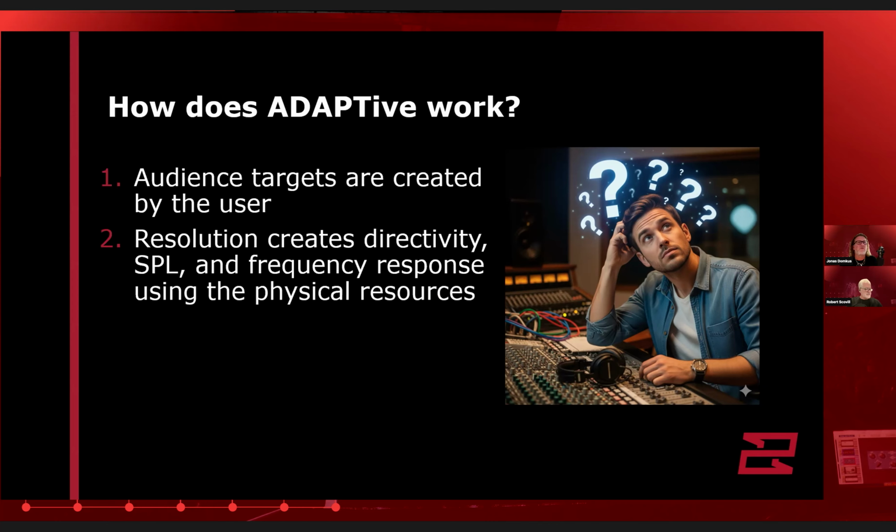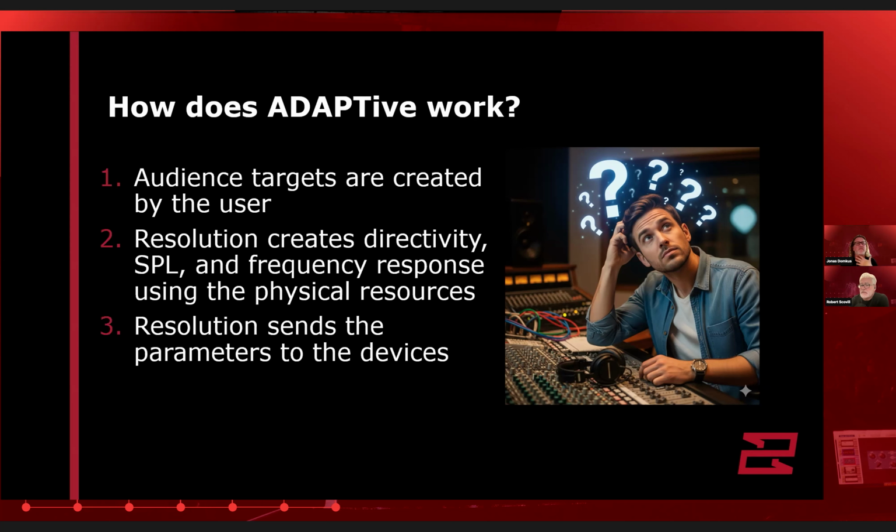It's generic between all of the adaptive products in the way that these work together and create directivity based on the target. So the first step is you creating where the audience is. The second part is the software creating all of the directivity, frequency response, and SPL for those audience targets. The last step is we send those parameters to the physical devices. That's the 3 steps.